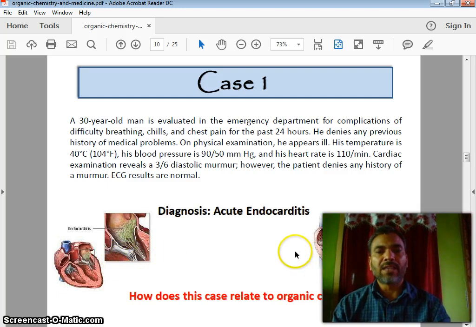So, look at here. How does this case relate to organic chemistry? Any idea? This is the case of one patient, and the question is, how does this case relate to organic chemistry?